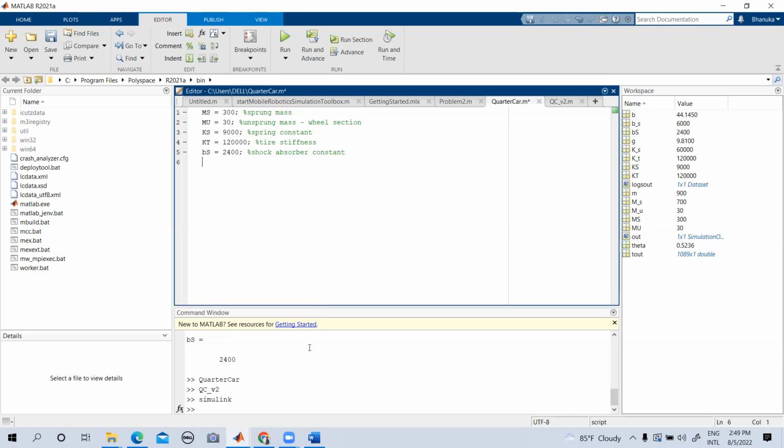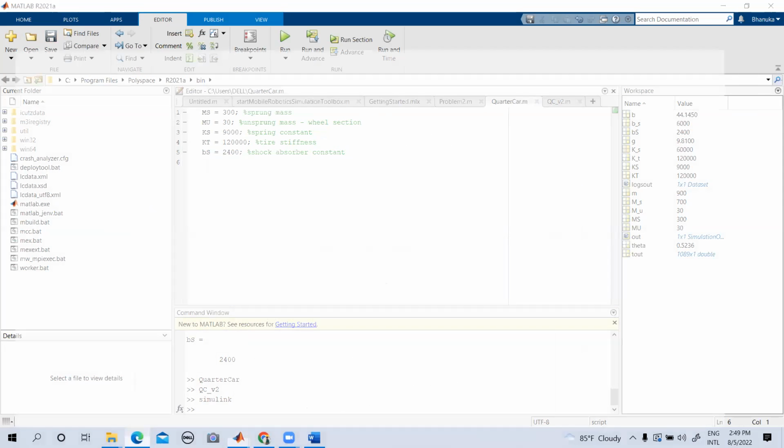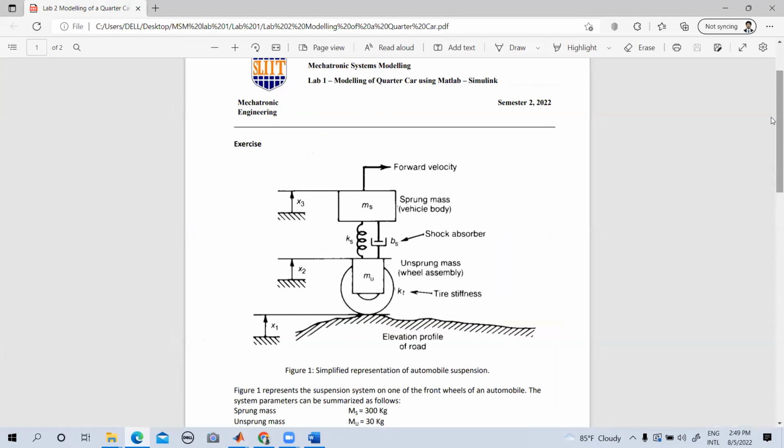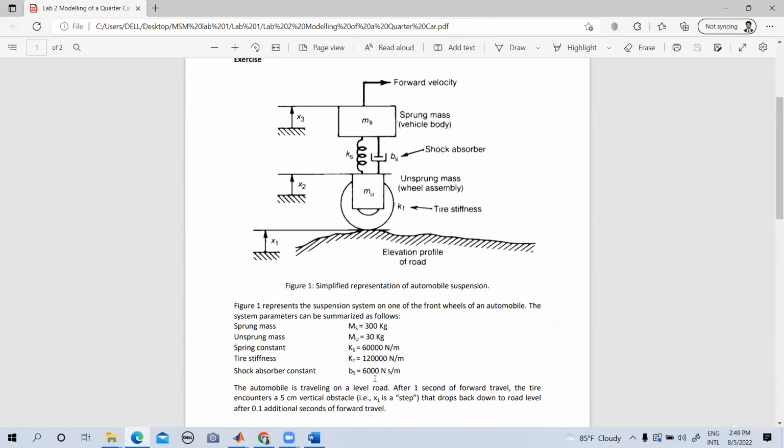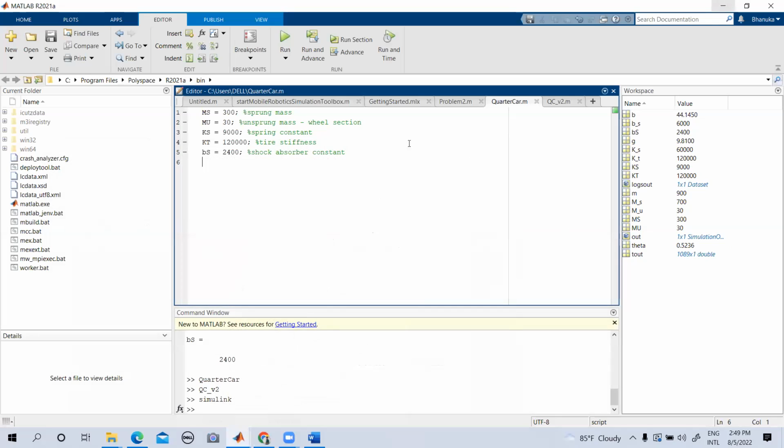I think the lab sheet you have been given has that, so I'll just keep it that way. You can change these values and see how the response is.